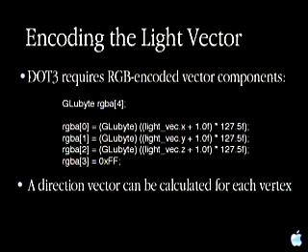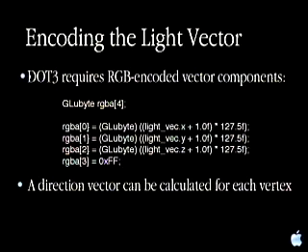After we've rotated the local light vector into the local coordinate space of the polygon, we have to encode that light vector into RGB color coordinate space. This is done like this. Here I'm using unsigned bytes as the color components. As you can probably figure out, the color components are mapped from 0 to 255.